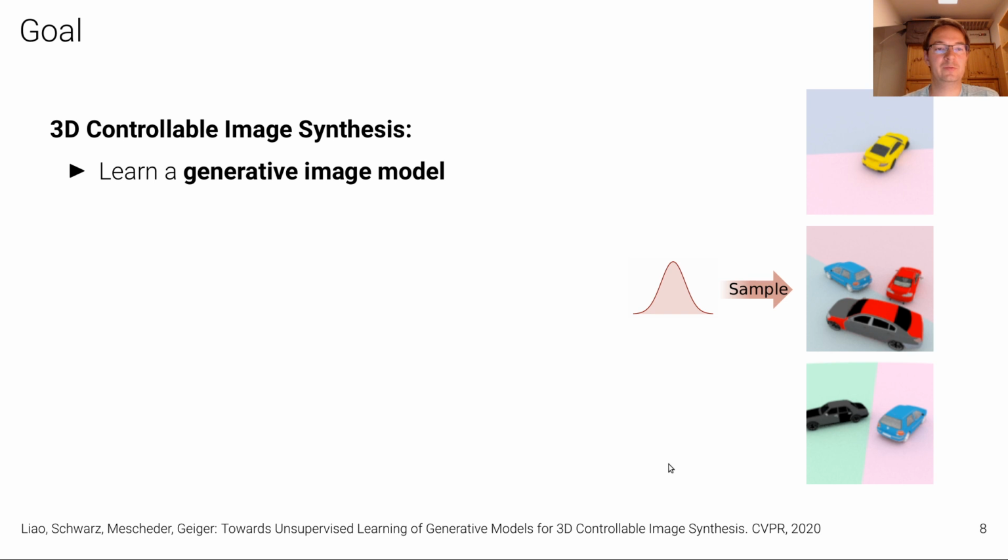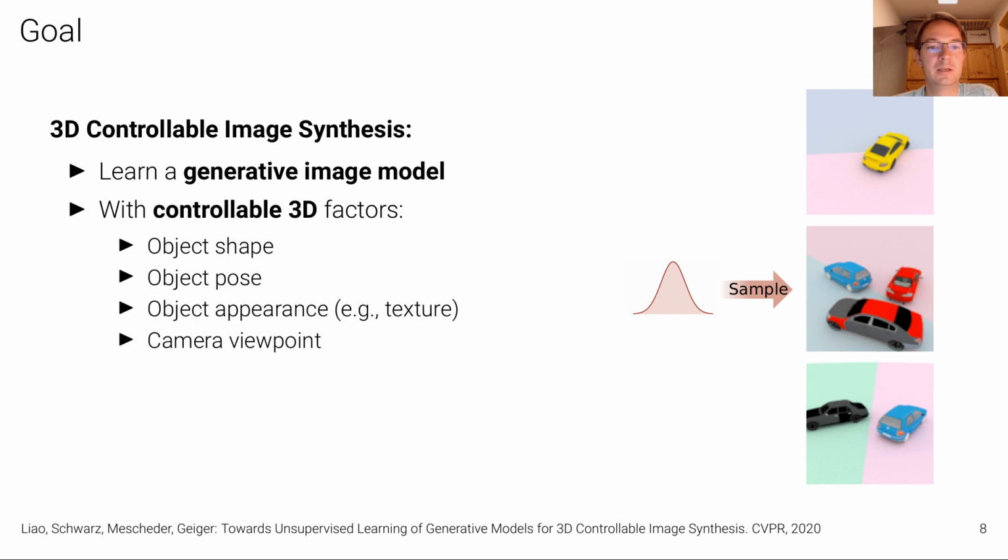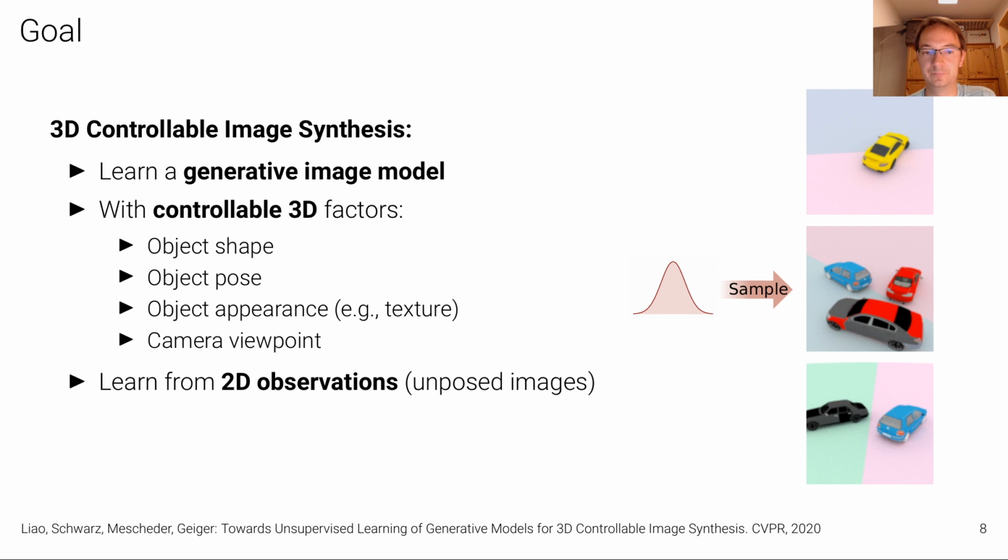These models could also be used in the Bayesian setting for estimating the latent properties given an image, such as for doing pose estimation or localization. So in brief, this is how we define the problem: the goal of 3D controllable image synthesis is to learn a generative image model that can generate a scene composed of multiple objects, where the underlying 3D factors are controllable, where we have full control over the object shape, over the object pose, over the object appearance, and over the camera viewpoint, for instance.